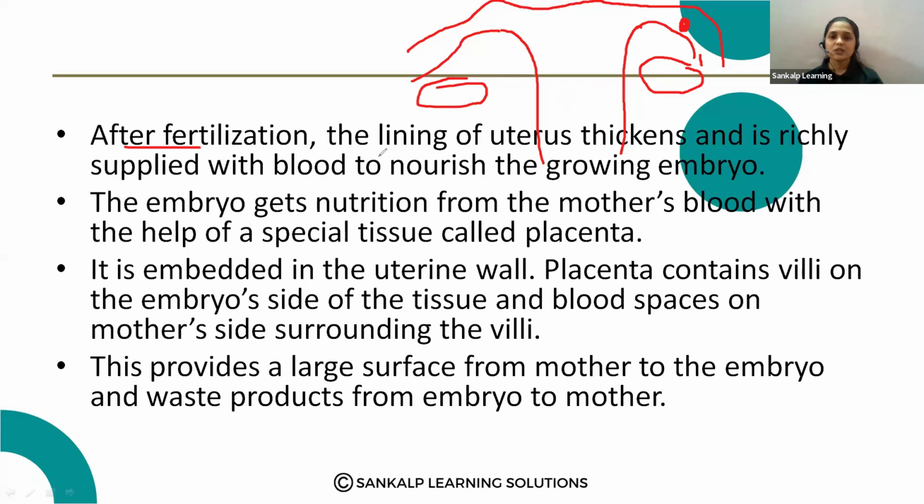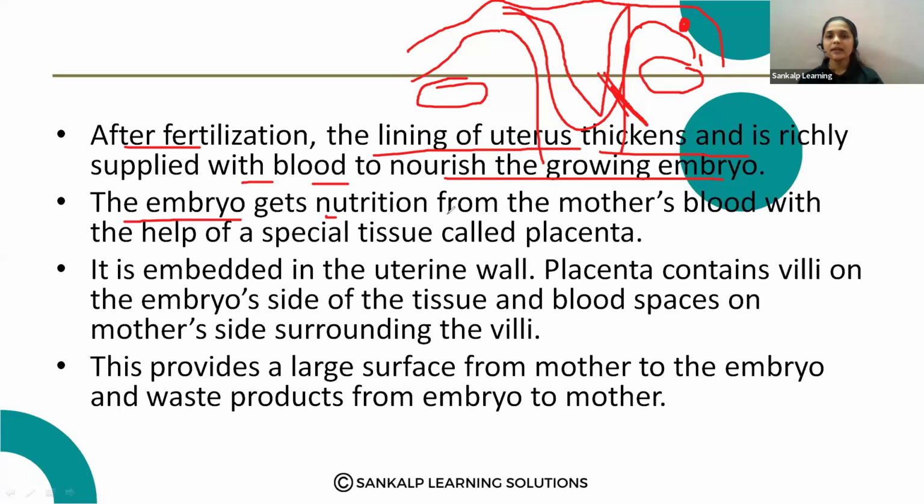After the fertilization, the lining of the uterus thickens and is richly supplied with blood to nourish the growing embryo. The walls of the uterus are getting ready for the attachment of the embryo, and they become thickened and get more blood supply for the growing embryo.